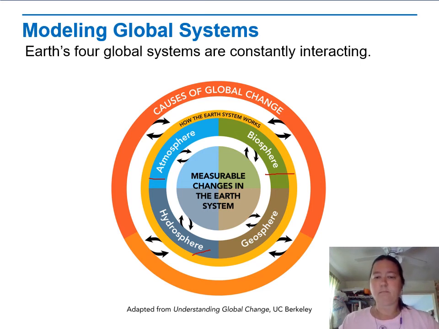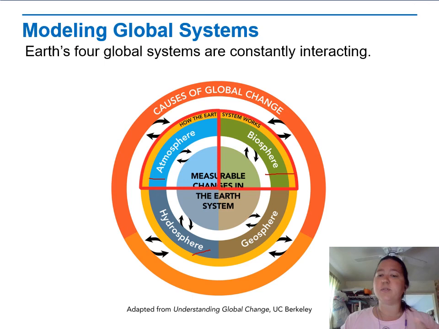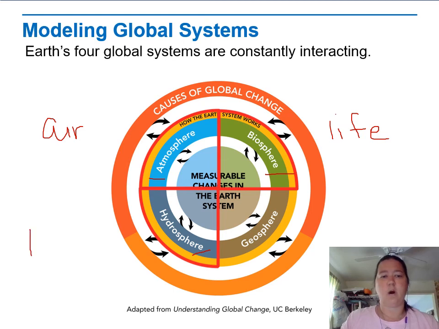So the atmosphere, remember, is the air. The biosphere is life. Hydrosphere is water, and last but not least, the geosphere, which is the earth part, the actual physical earth.